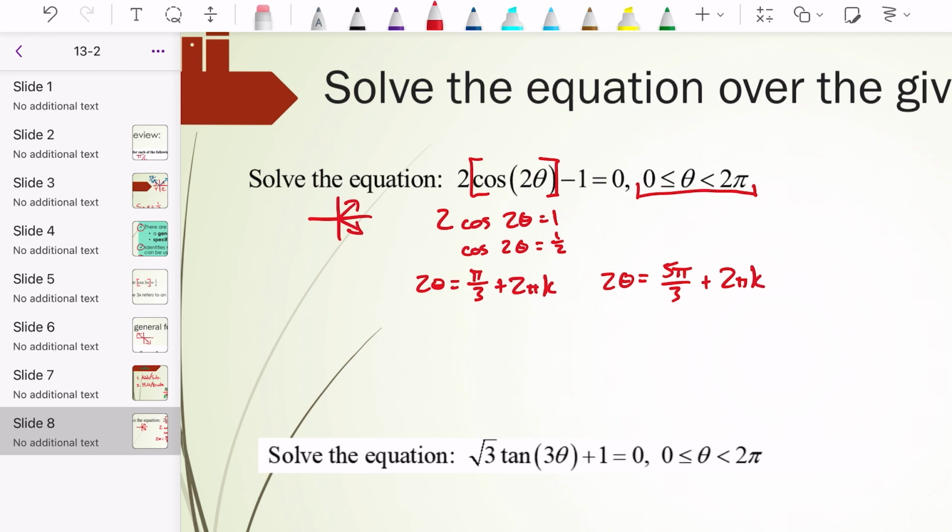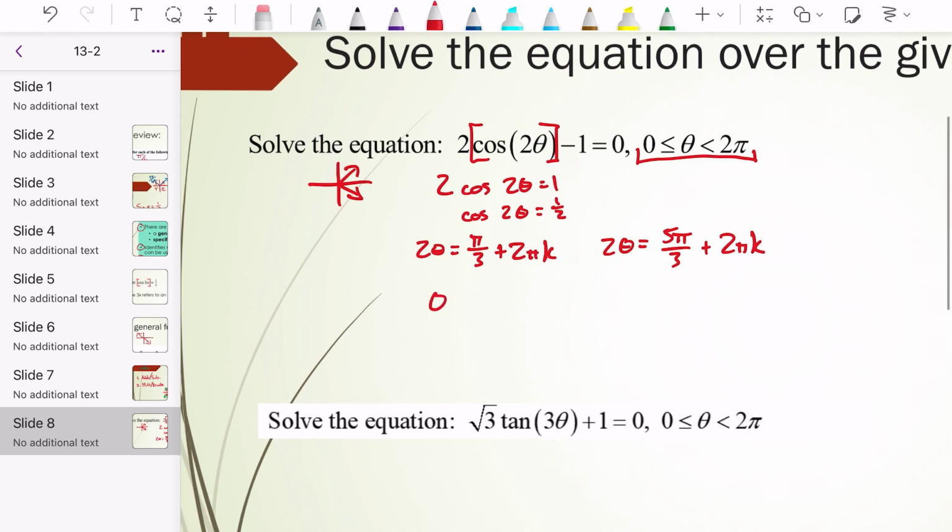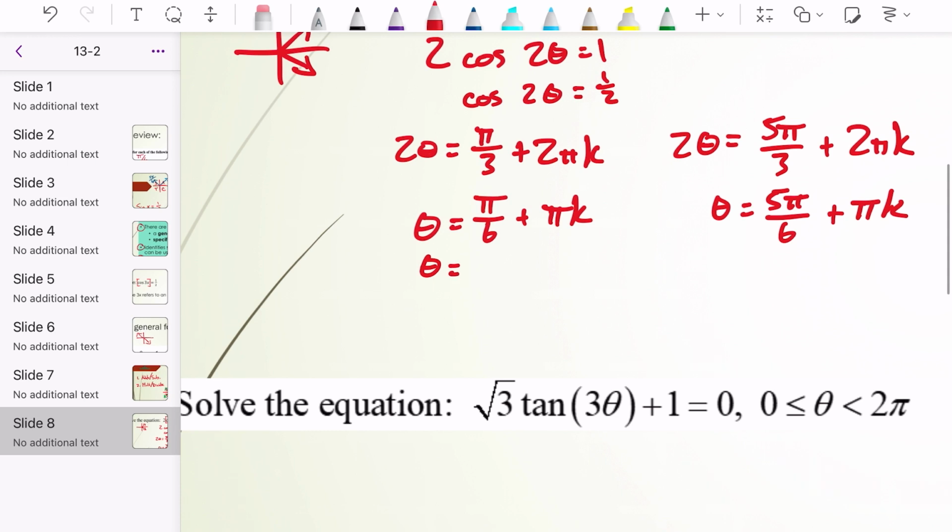We're going to divide both sides by 2, so theta would be equal to pi over 6 plus pi k, and theta is equal to 5 pi over 6 plus pi k. Because we're looking for an exact value, we're going to write pi as 6 pi over 6. So we have theta is equal to pi over 6 plus 6 pi over 6 k.